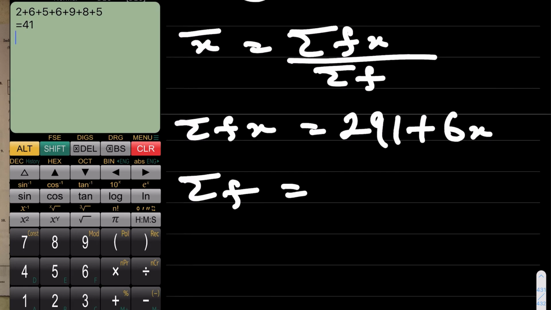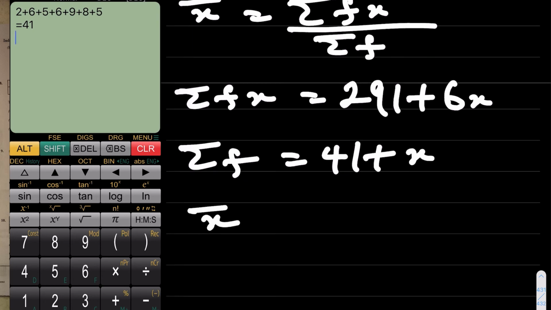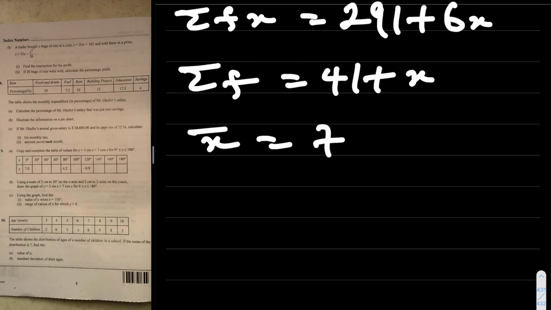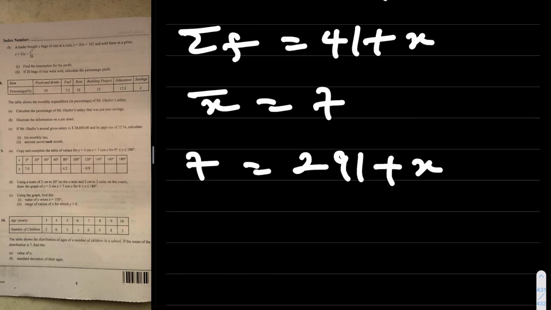So summation f is 41 plus x, and mean is already given as 7. So that simply means 7 equals summation fx, which is 291 plus 6x, all over summation f, which is 41 plus x.